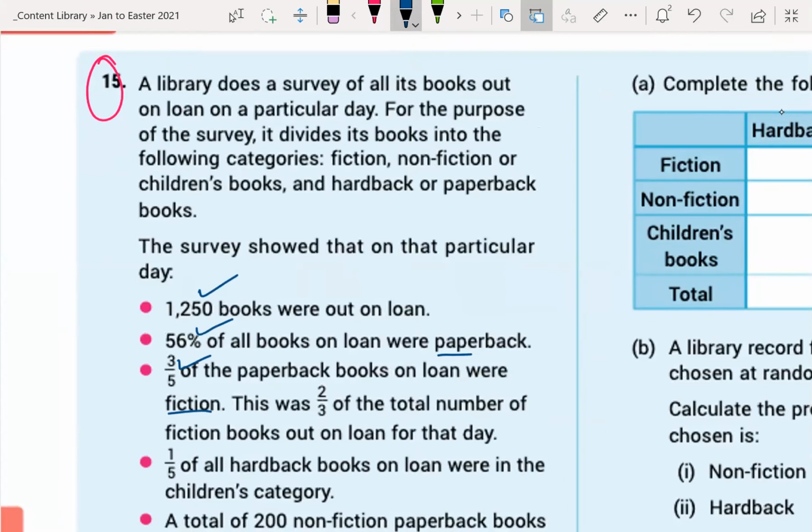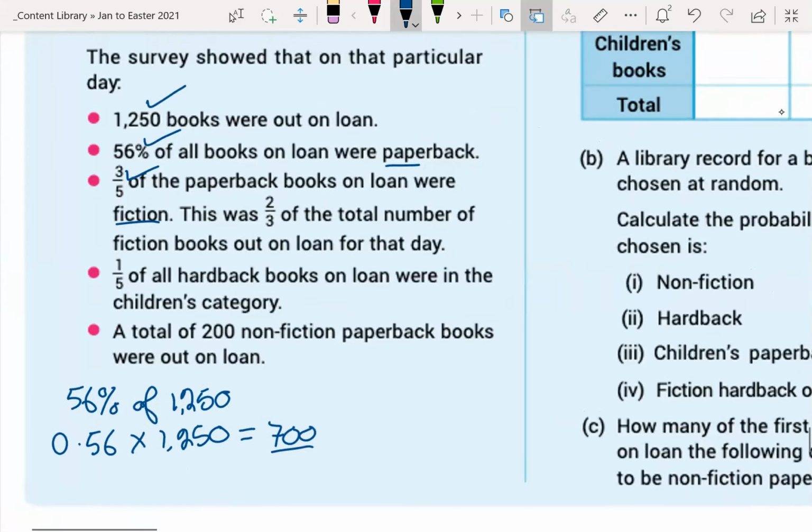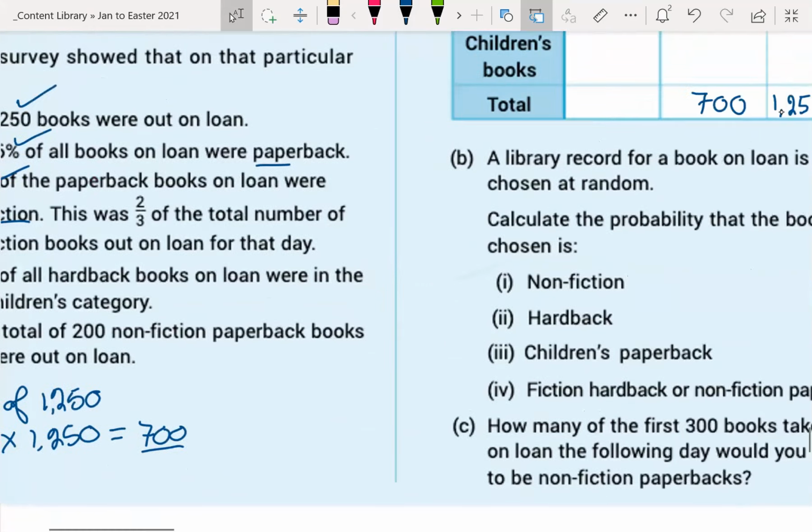Now, what are they telling us here? This was 2/3 of the total number of fiction books out on loan for that day.